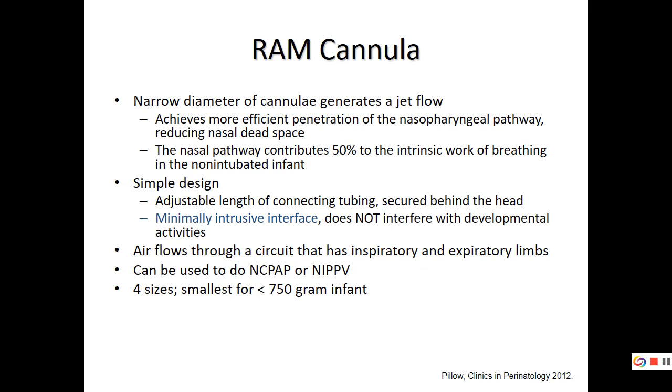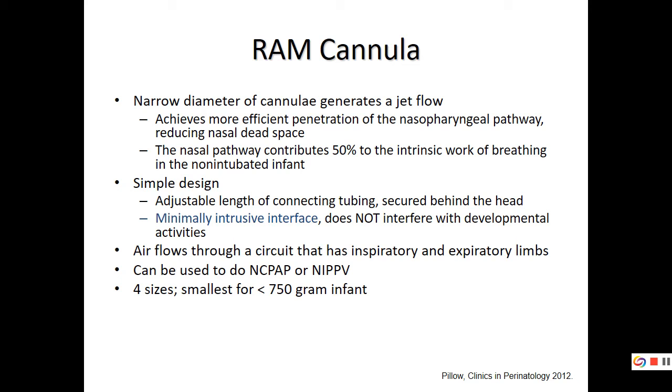The RAM cannula. This is what we use at Methodist Women's Hospital. It's got a narrow diameter of the cannula, and that allows the airflow to be generated as a jet. And the thought is that it achieves a more efficient penetration of the nasopharyngeal pathway, reducing nasal dead space.